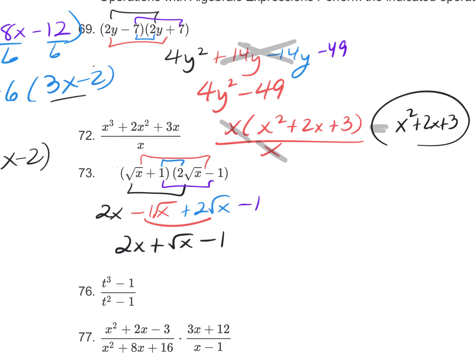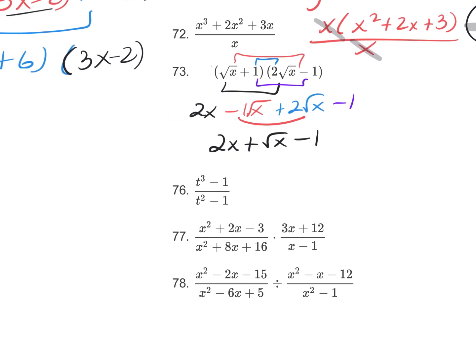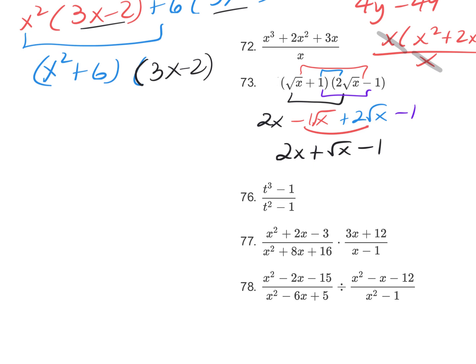For 76, I need to factor that difference of 2 cubes and the difference of 2 squares. So for 76, I'm going to first factor the top and factor the denominator. So the top is the difference of 2 cubes. So it is going to factor into t minus 1, and then t squared, opposite sign, t, and then always positive with a 1.